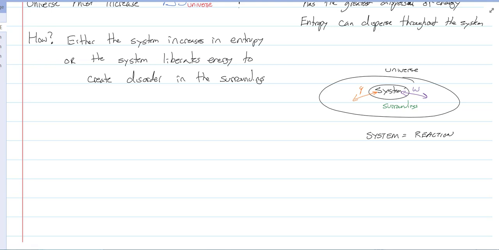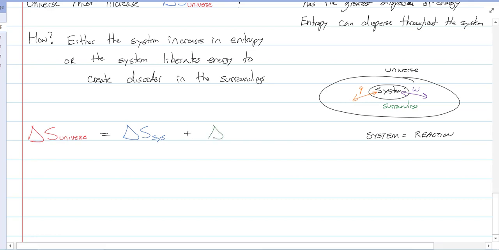And so now our delta S, the change in entropy of the universe, will equal the change in entropy of the system or reaction, plus the change in entropy of the surroundings. If delta S universe is positive, the reaction is spontaneous.